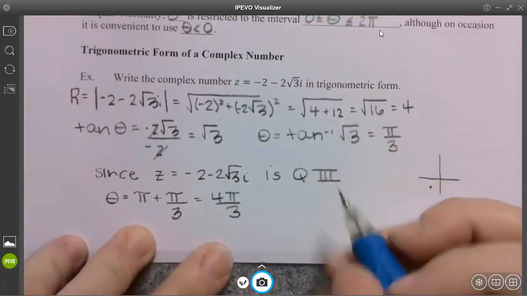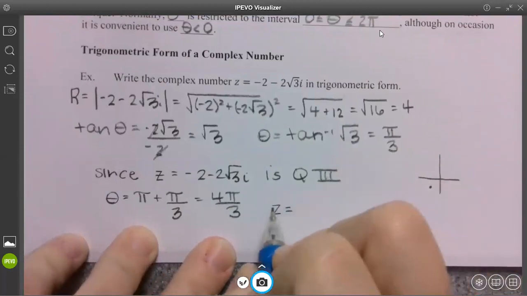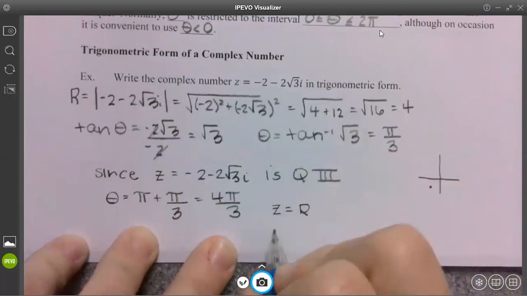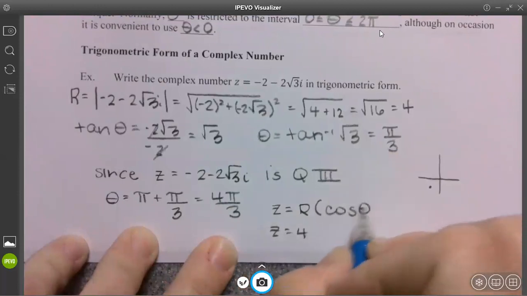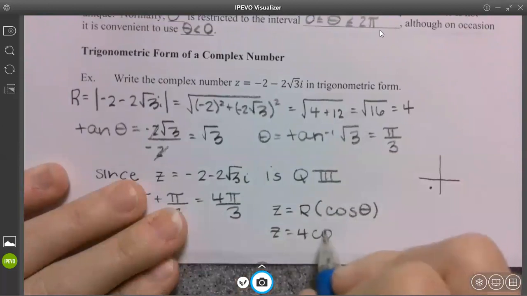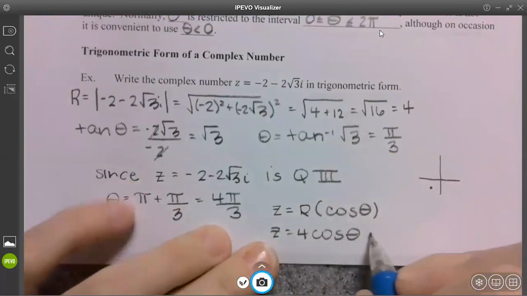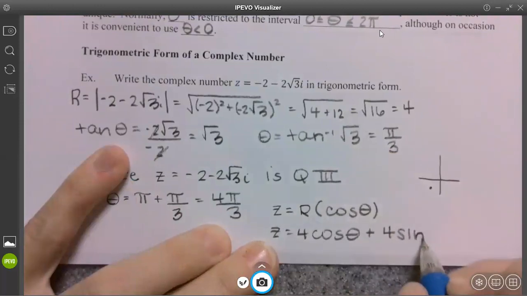So then to write it in trig form, z is going to be equal to whatever our r is, which is 4, times cosine theta plus 4 sine theta i.